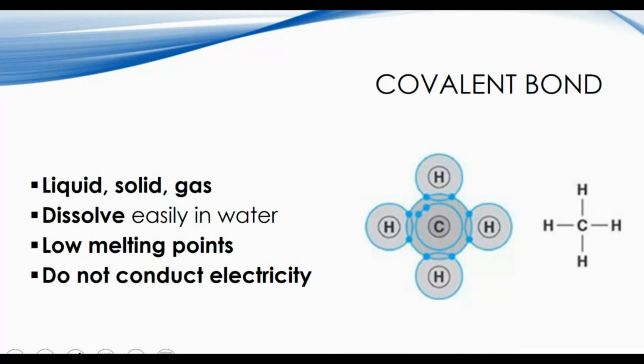If you think about it, if they can exist in liquid, solid, and gas, it means that under normal circumstances, those melting points and boiling points have to be pretty low. Otherwise, they would all be solids, as we would normally observe with the metals, with the metallic bonds. And because here we don't have any free-flowing electrons, covalent bonds are not going to be very conductive to electricity.